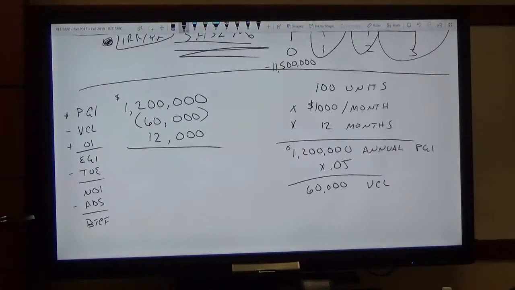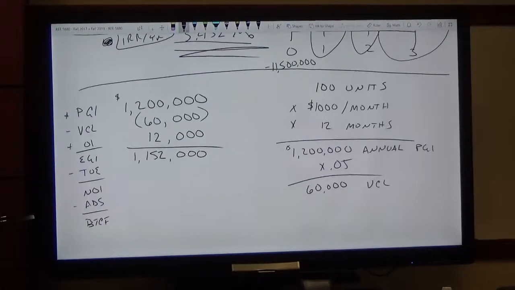All right, so let's do the math. $1,208,000. Oh, that makes sense. Minus 60,000 plus 12,000, 1,152,000.